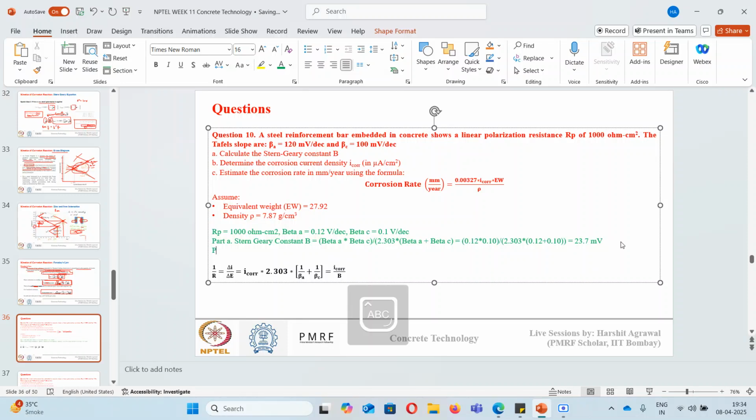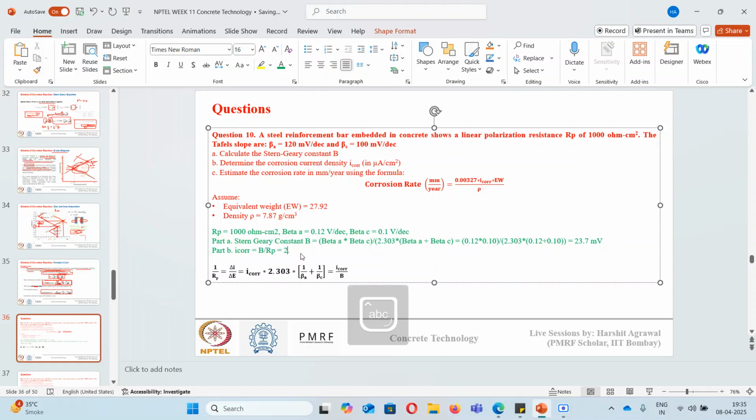Now part B is determining the corrosion current. This we can do easily because we know 1 upon Rp value, which is given to us. We know the B value now, so I_corr we can easily estimate. I_corr will be nothing but B upon Rp.